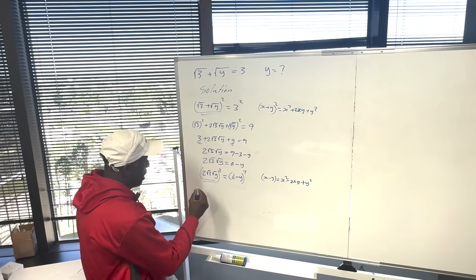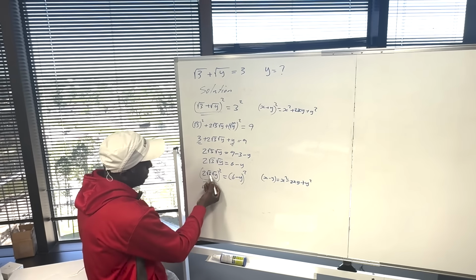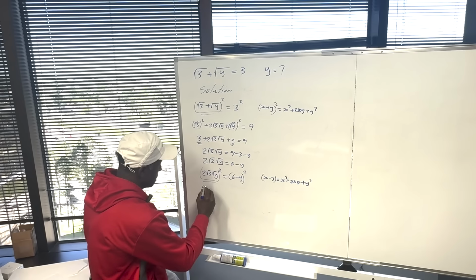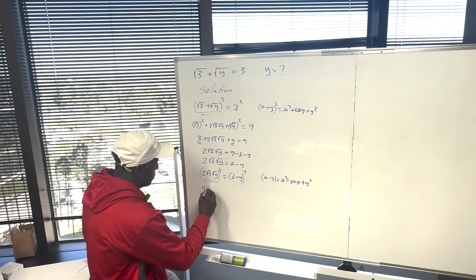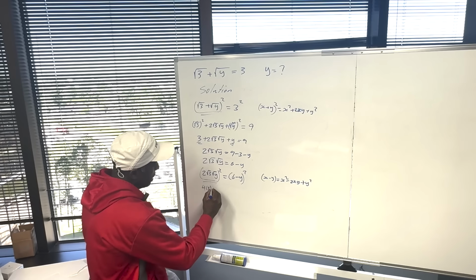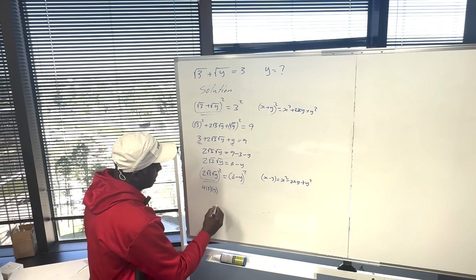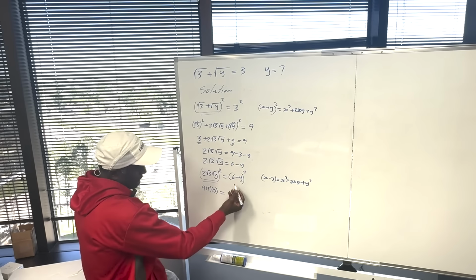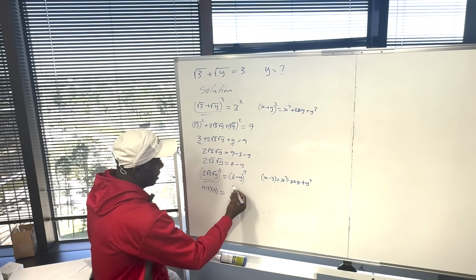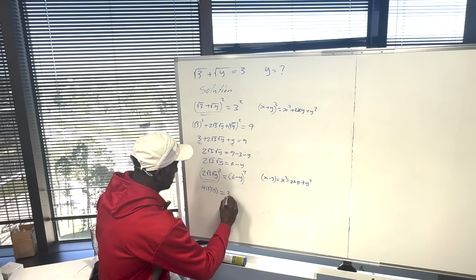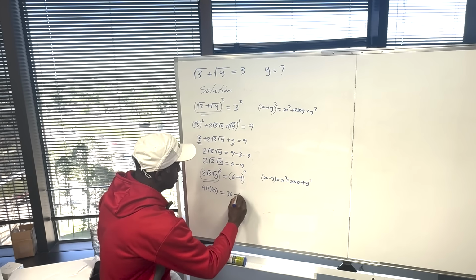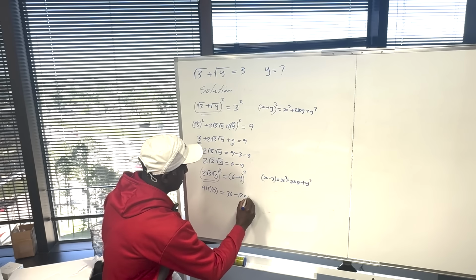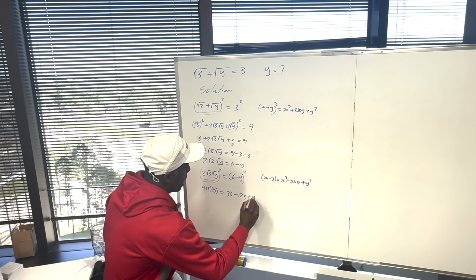Let's expand this term first. We get 2 squared is 4, the square root of 3 squared is 3, and the square root of y squared is y. That equals, let's expand this term, 36 minus 12y plus y squared.